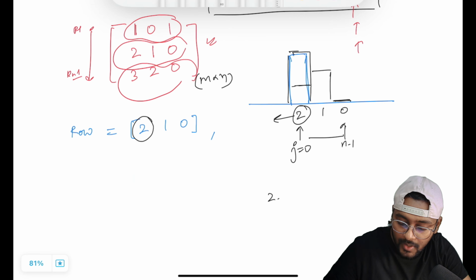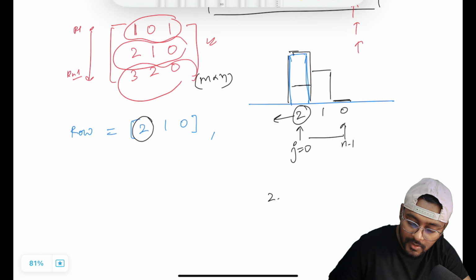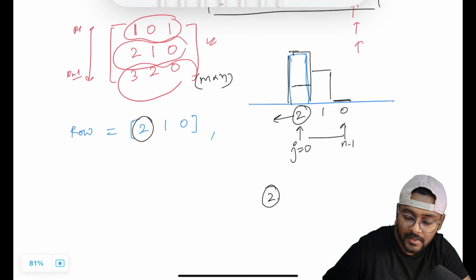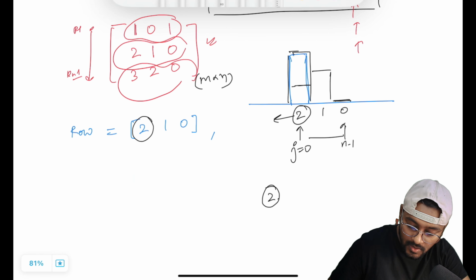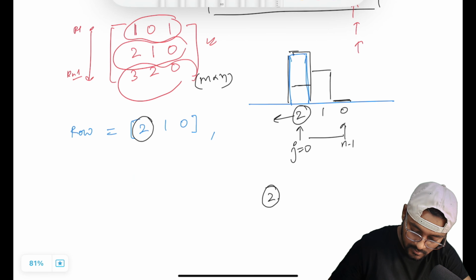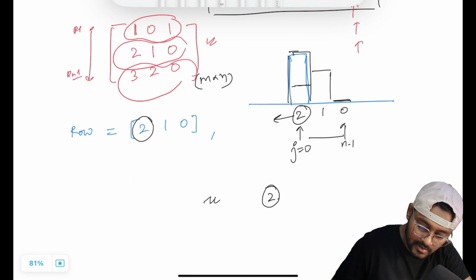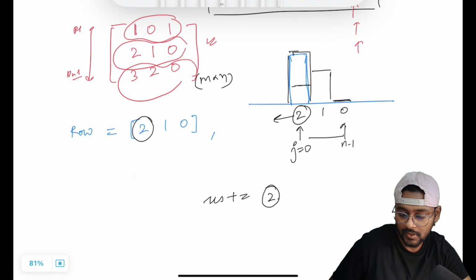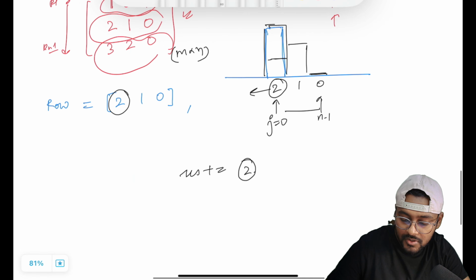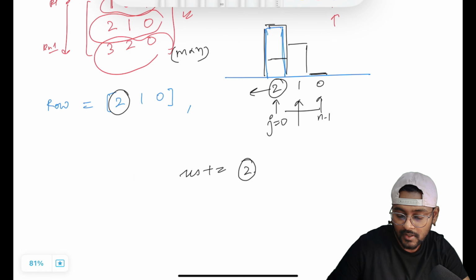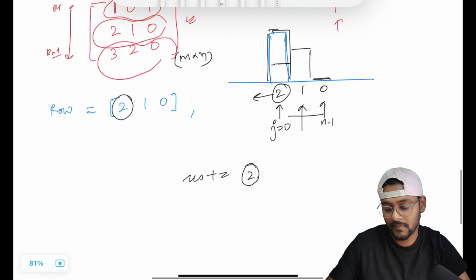So whatever the height value is, 2, that is something I can take. So let's say result plus equal to 2.